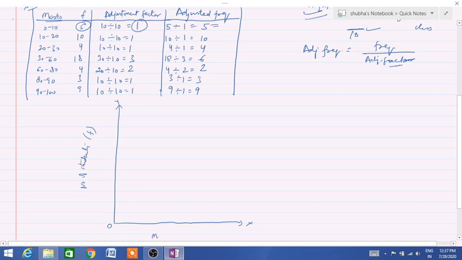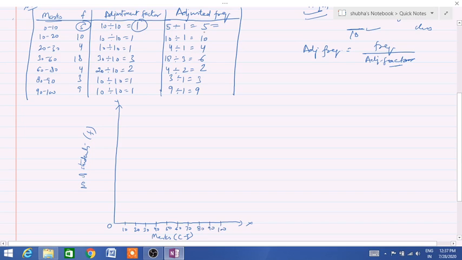Origin. Here we'll take marks, that means class intervals. So marks are 10, 20 we can write. Here we can take 1 centimeter for 10, 20, 30, 40, 50, 60, 70, 80, 90 and then 100.